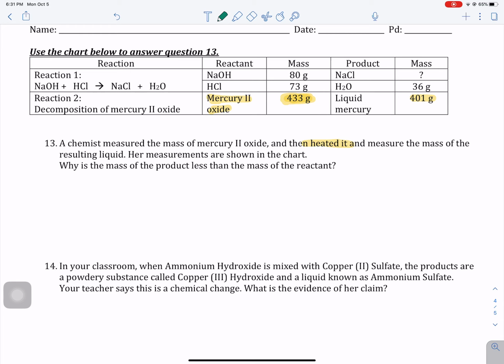Okay, when the chemist heated it, the gas, when was it a liquid?